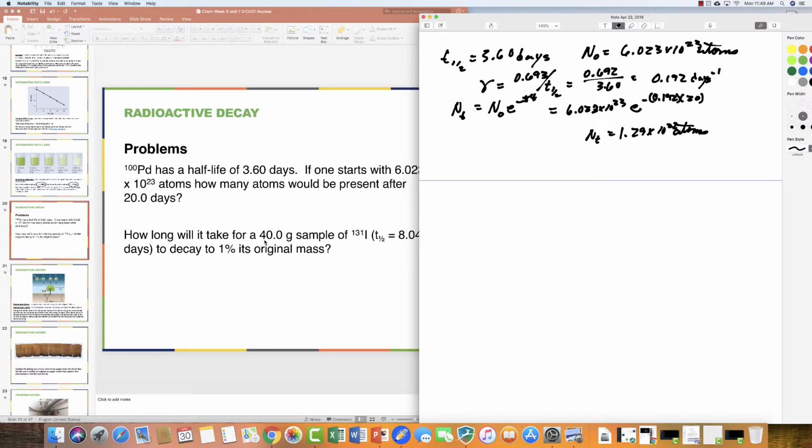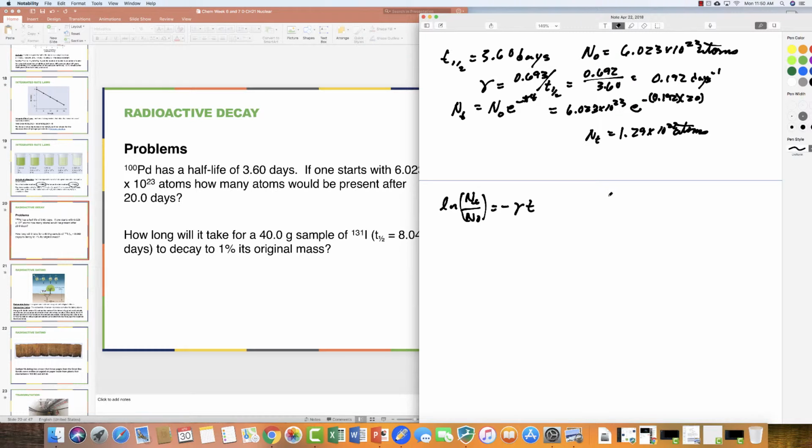The second problem says, how long will it take a 40-gram sample with a half-life of 8.04 days to decay to 1%? The natural log, this is just rearranging this equation here, the natural log of Nt over N0 is equal to minus the decay constant times time.